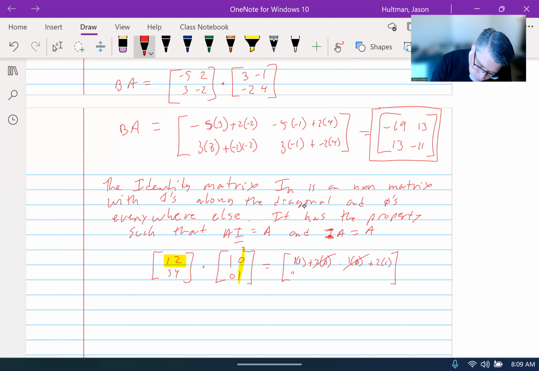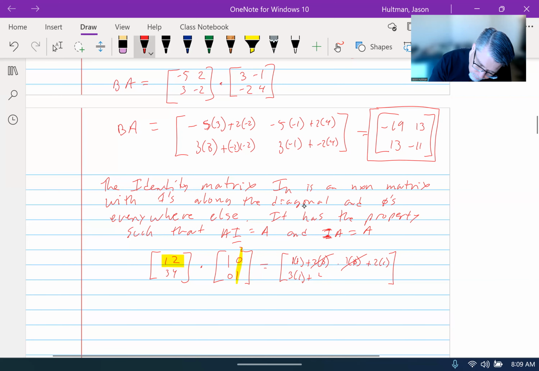So 3 times 1 plus 4 times 0. Once again, I've moved on to the second row, first column. Then second row, second column is going to be 3 times 0 plus 4 times 1.